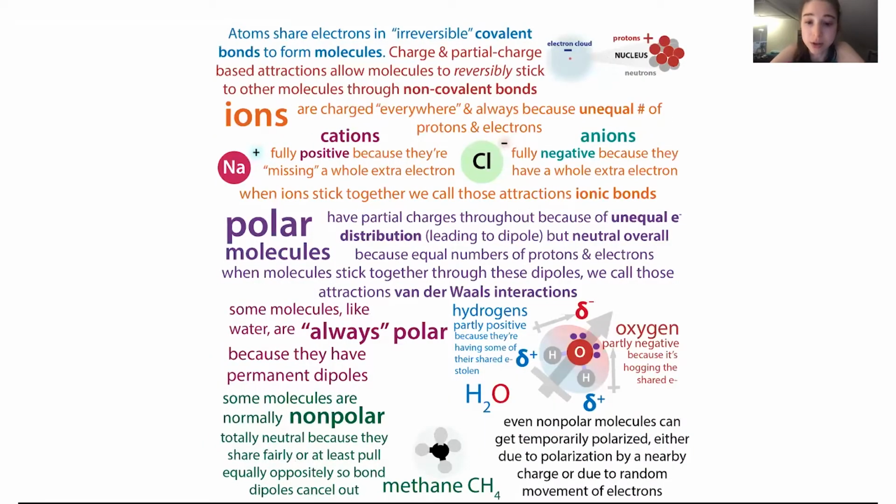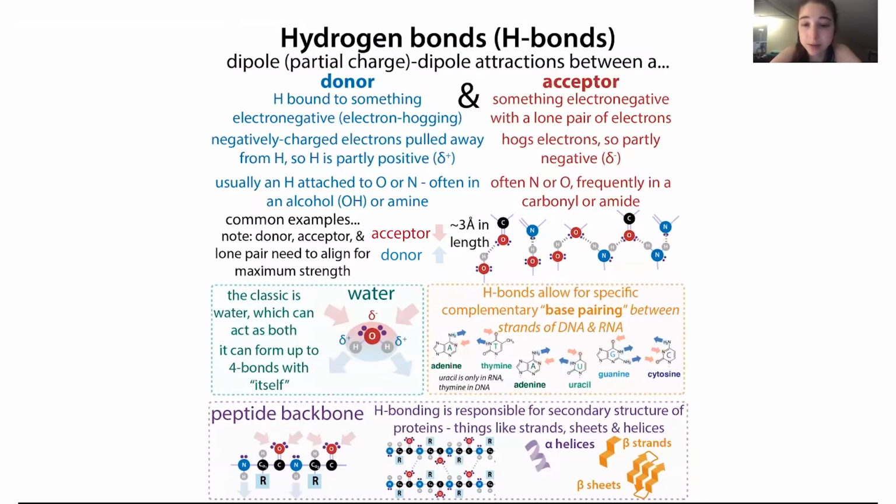So you have this partial negative part and this partial positive part, and you can get these partial charge attractions. These are stronger than most dipole-dipole attractions. There's a little bit of covalent bond character in it. It's kind of complicated, but they're basically stronger than most partial charge attractions.